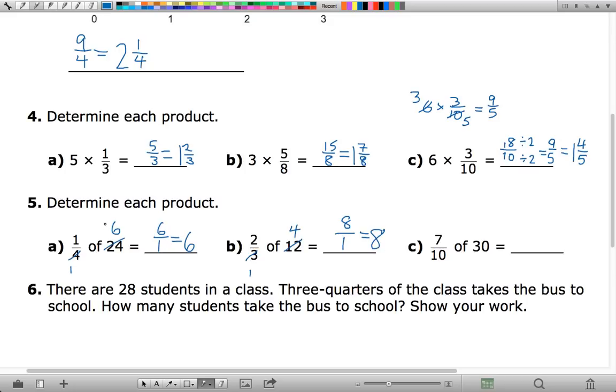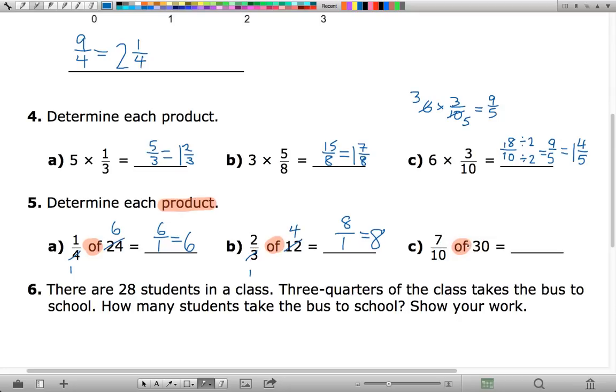Oh, and by the way, I didn't talk about this yet, but it says determine each product. Of course, we understand that means multiplication in math. So a product, when it says of, understand that that means to multiply.